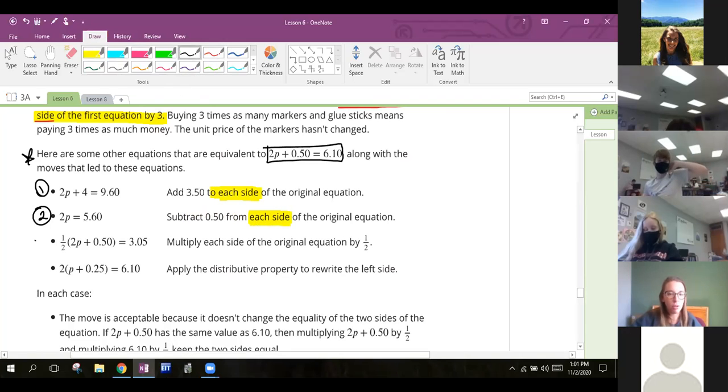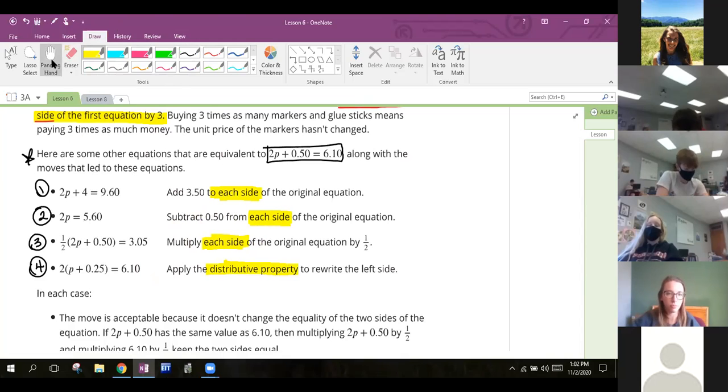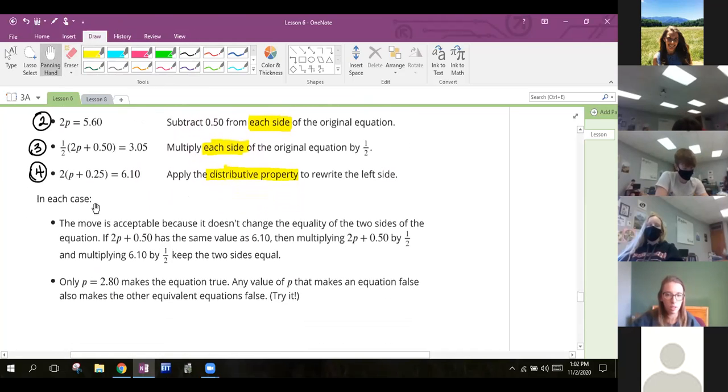All right. And for 3, what did they do? Multiplied each side by 1/2. And then finally, they performed the distributive property on that last one. Just a way to rewrite the equation. Okay.